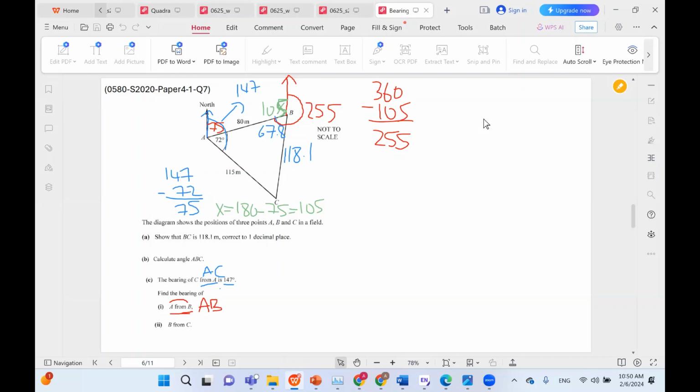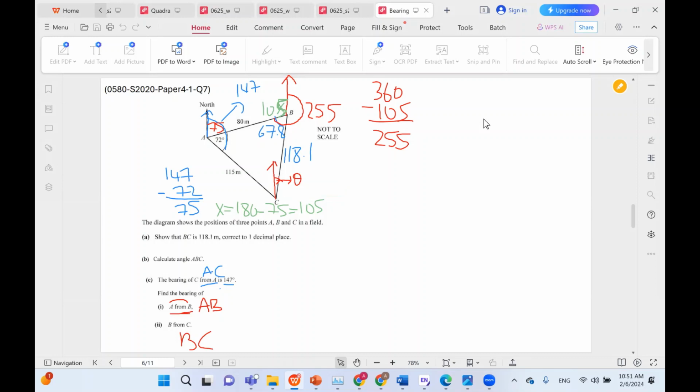So the north would be somewhere here, for example. And we want to get the bearing of B from C. So we need to move clockwise until we reach segment BC. So to get the angle, we are looking at this very small angle here, let's call it, for example, angle theta.